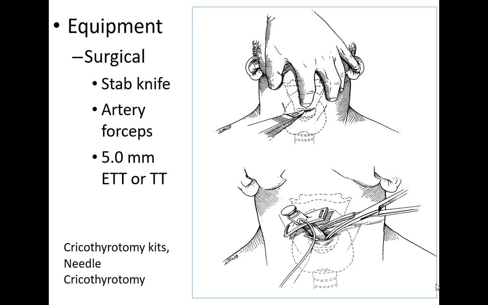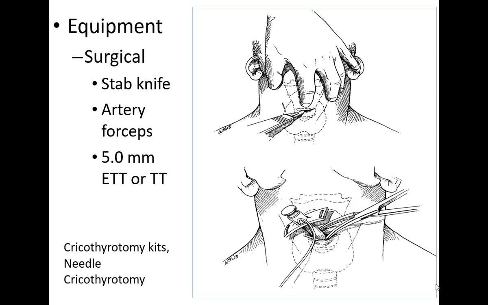Okay, so the procedure is fairly simple. You make a horizontal incision at the cricothyroid membrane and then reverse the blade, put it in the wound and rotate the blade. So when you rotate the blade, it acts as a dilator, and by the side of that you can put in a small cuffed tube.